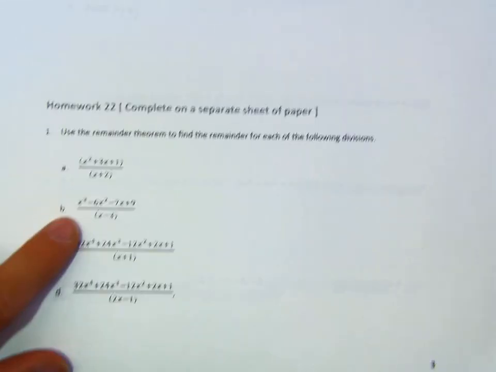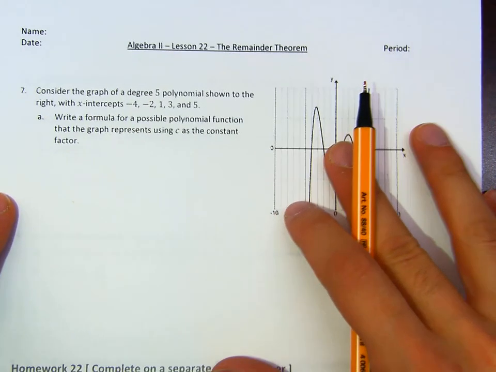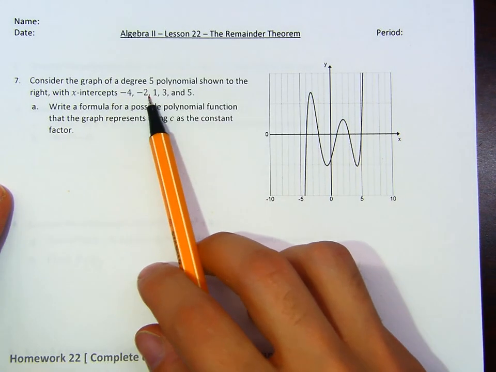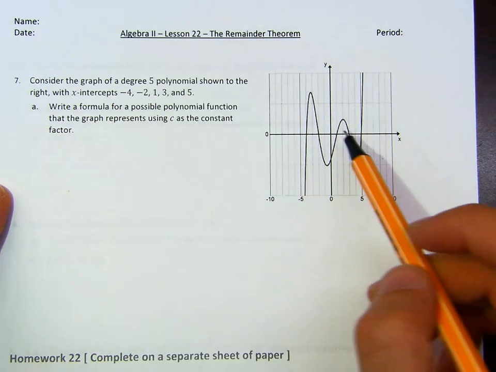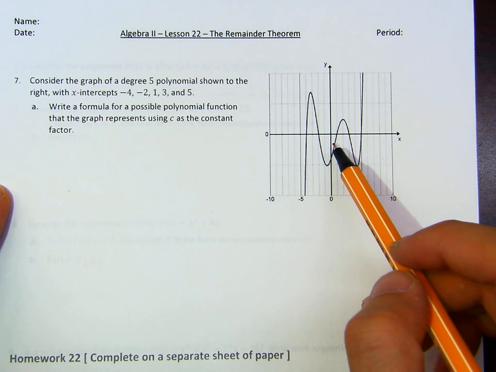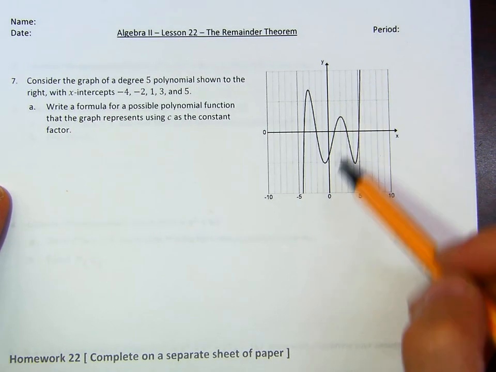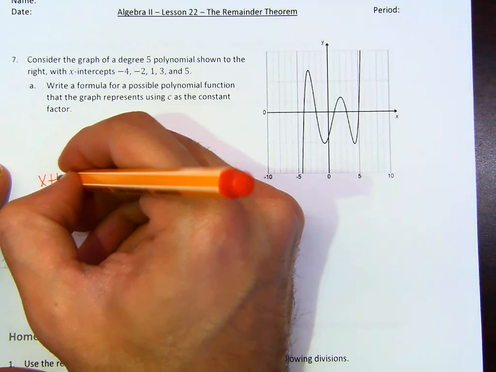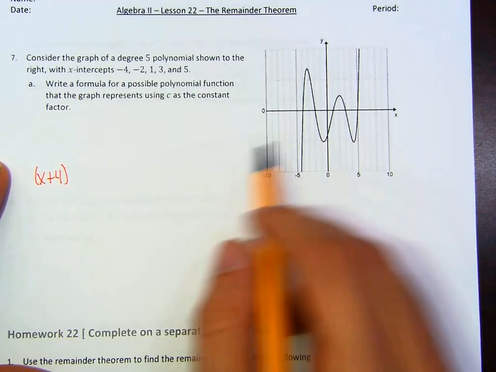If you try and do the next part over here, it's really not too bad. It's saying here are the x-intercepts. What is a possible equation for this? Well, notice that if it's -4, we have x plus 4. Try and do it by yourself. Pause the video.